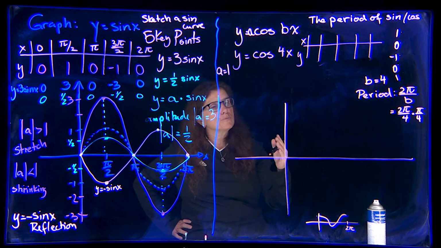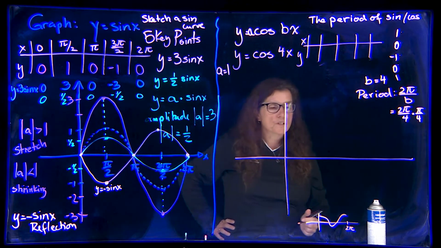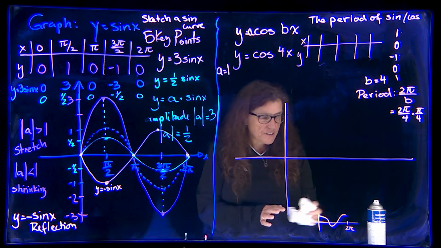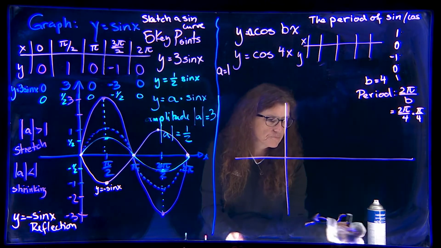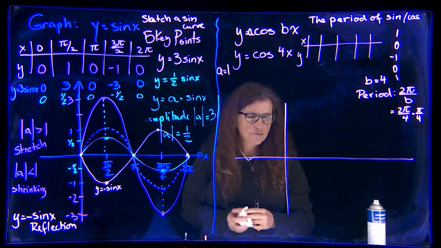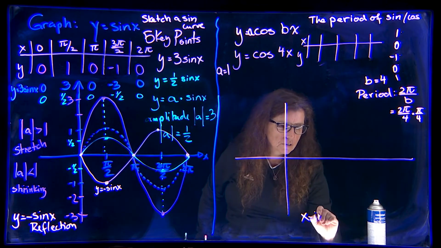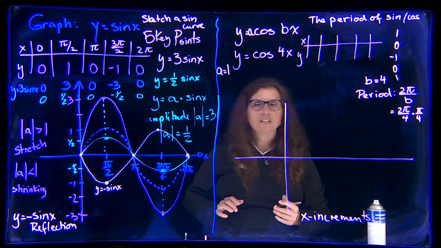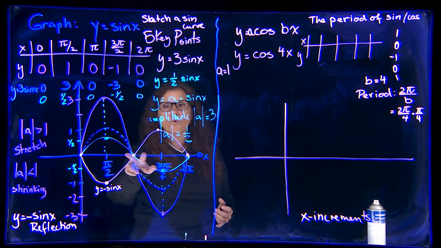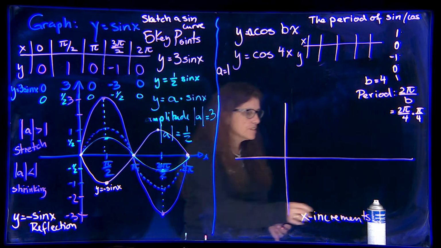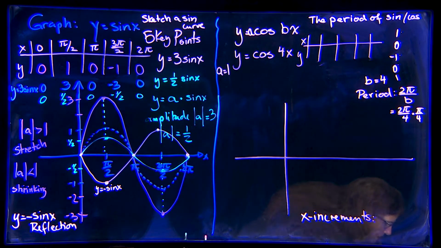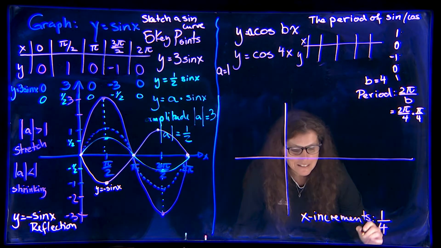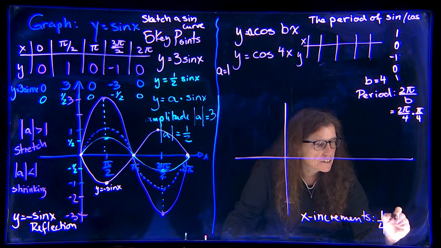So how do we get our 5 key points? We need what are called the x increments. We need 5 key points, but we have 4 spaces in between, so to find the increments, we take 1/4 times the period.